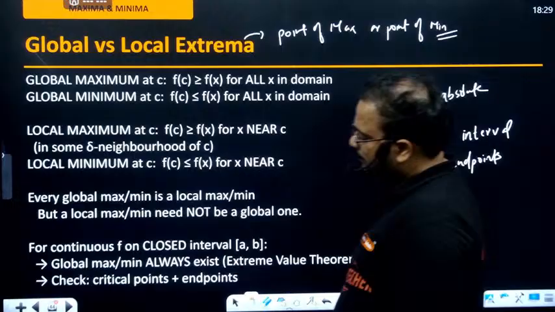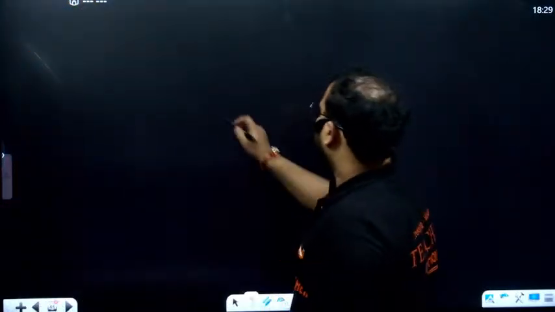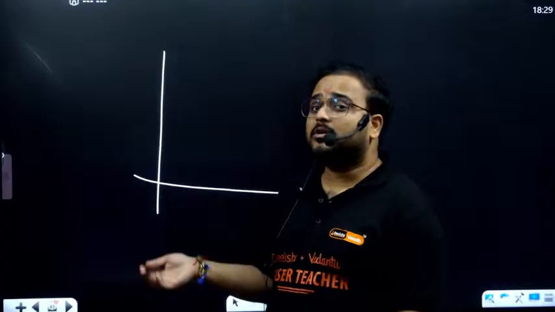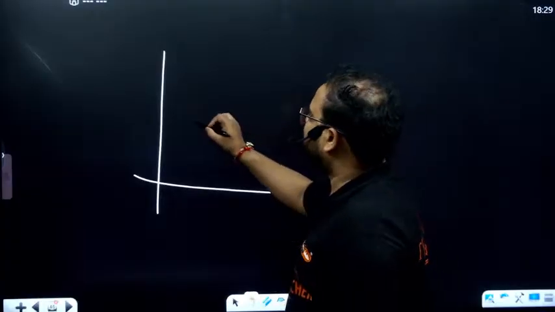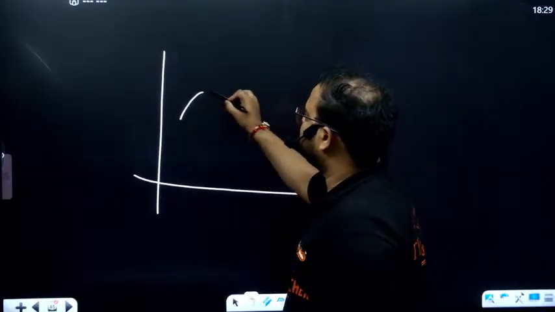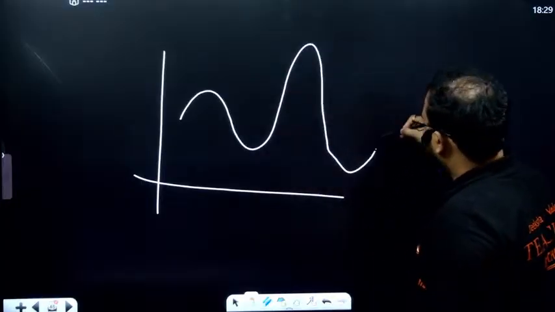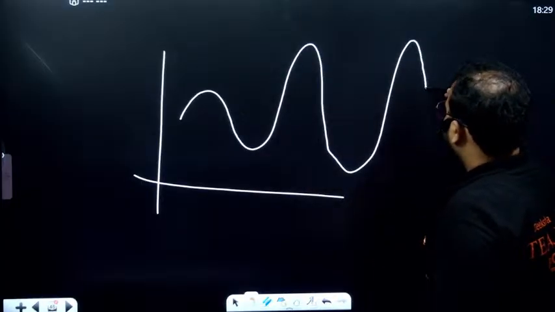Because global maxima basically means that if you have a function given like this, where we have more than one maxima, let's say it increases, again decreases, goes down, again stops like this.